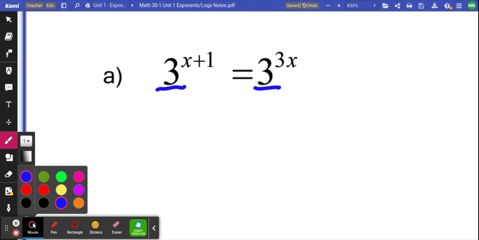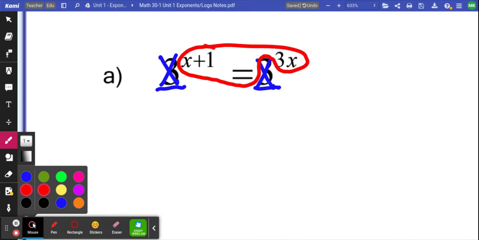Beautiful. If you have the same base, that means the bases are pretty much irrelevant to us, and all we need to focus on is making the exponents equal to each other. So I'm going to rewrite this as x plus 1 equals 3x. If the base is already the same, then if I make the exponents the same, both powers would be the same.